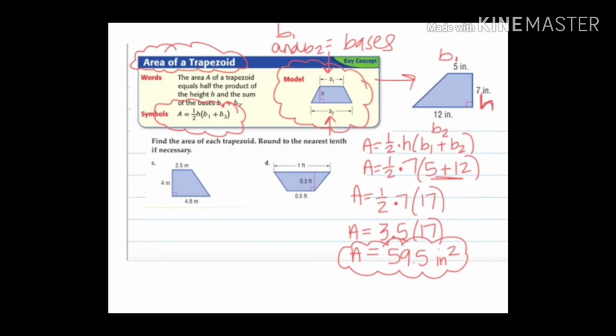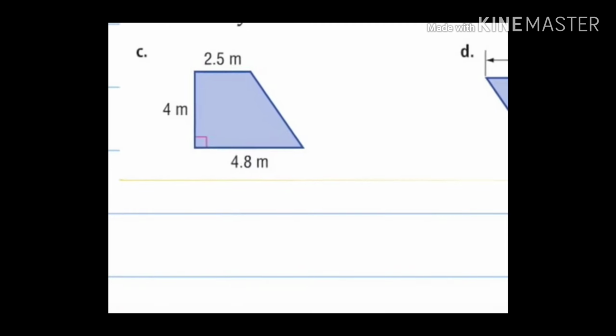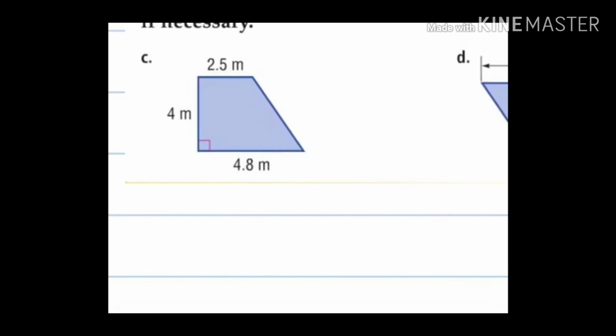All right, let's zoom in and do this one together. Or if you want to try to go ahead and do it without me, feel free as well. So I have my height, I have my base 1, and I have my base 2. The area of a trapezoid is 1/2 times the height, base 1 plus base 2. So basically I add the bases together, multiply times half of the height.